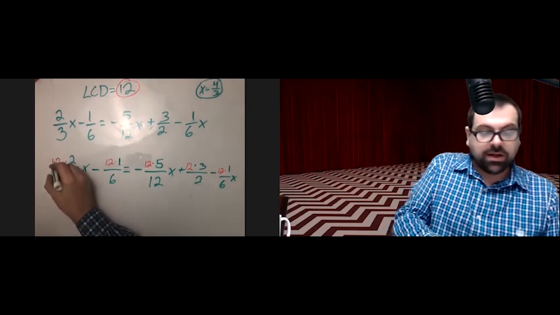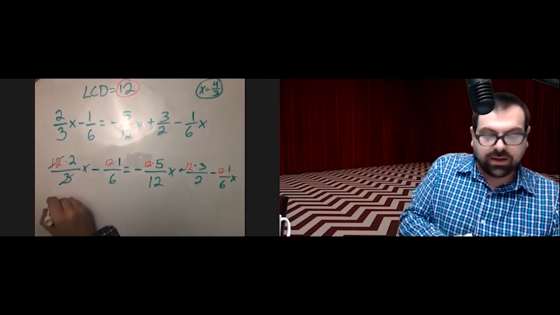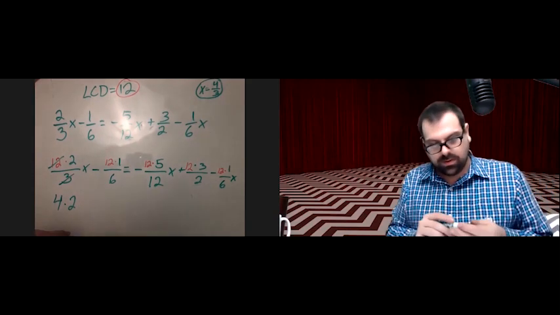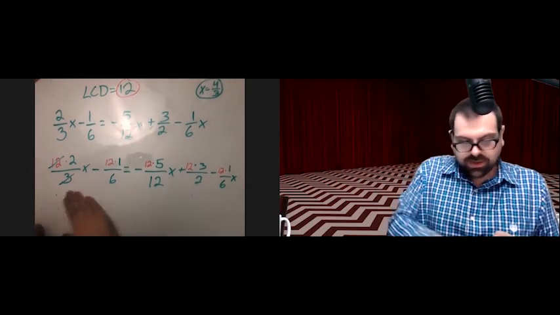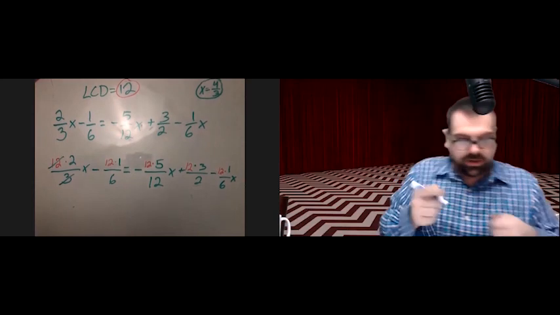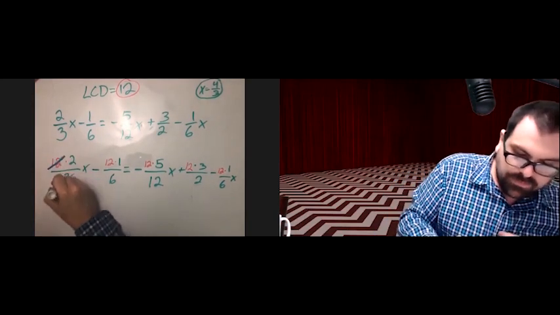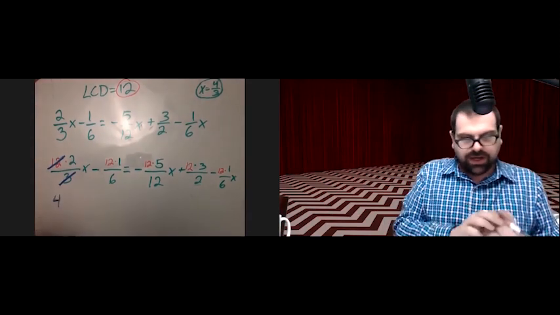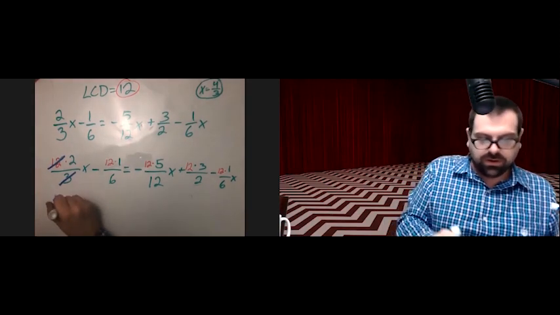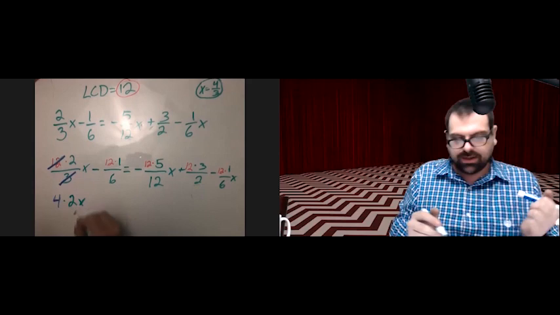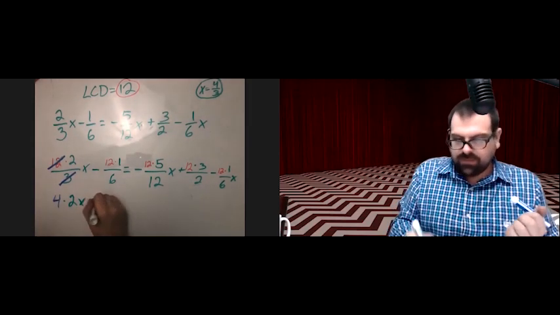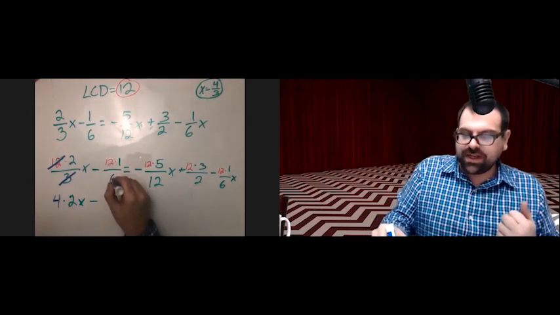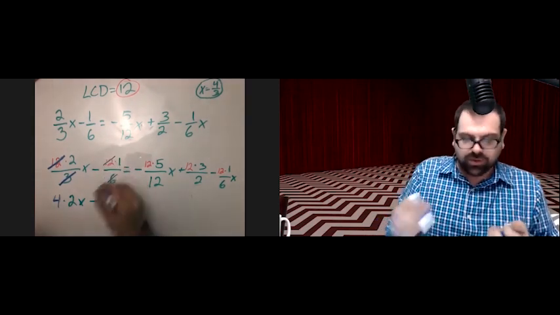What do I mean? 12/3, that's 4. So let me express this with a different color. I'll use blue for the canceling here. 12/3, that's going to be 4 times 2x. And then we have a minus 12/6. 12 divided by 6 is 2.